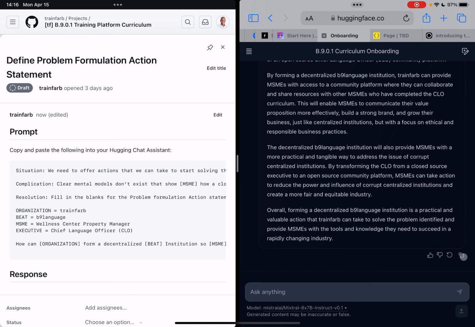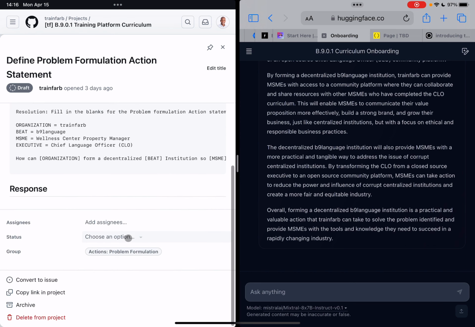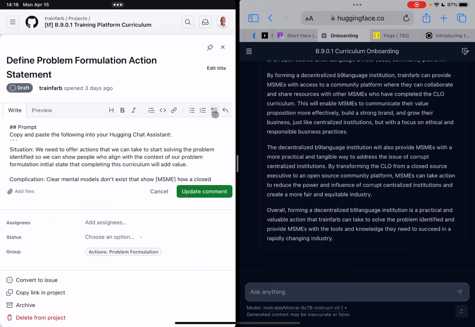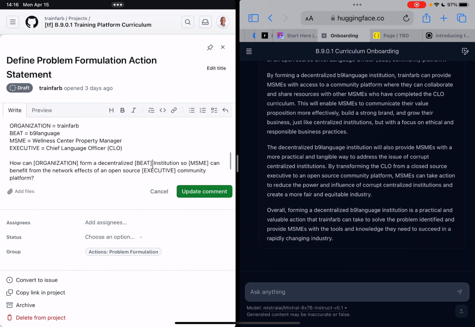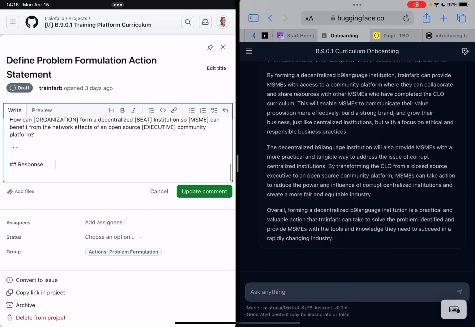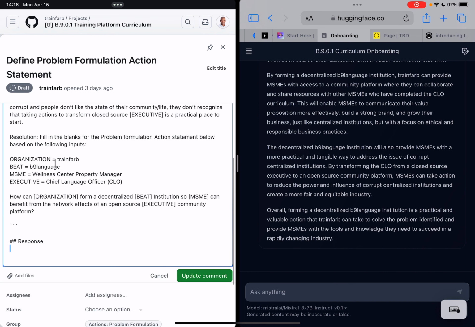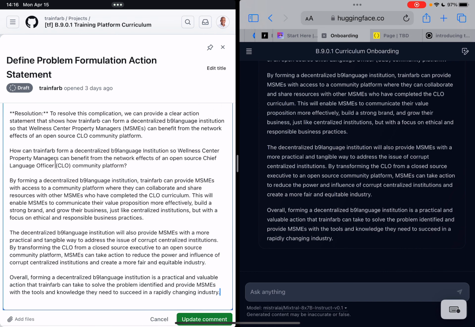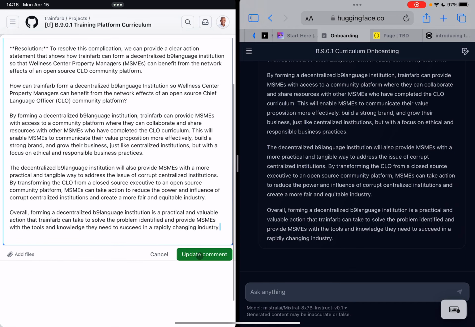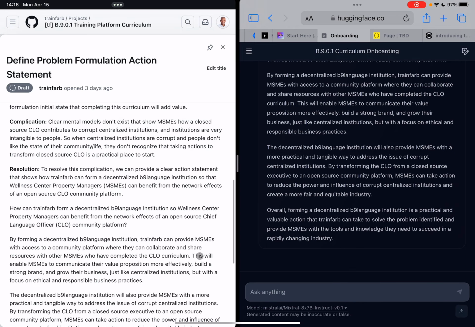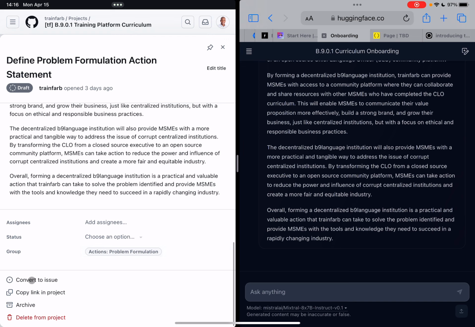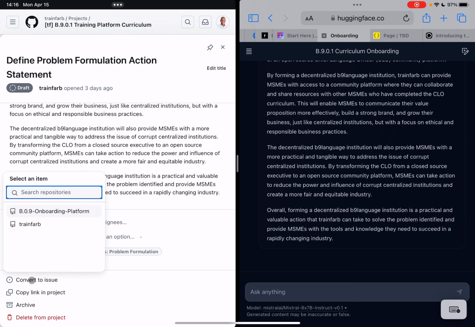Very nice. I like that response very much. So let's copy that, paste it in. Probably would have been helpful if I read it out loud, but I didn't. So let's paste this in here, and let's move on to the next step. Update comment, and I'll convert it to issue and just close it right now.